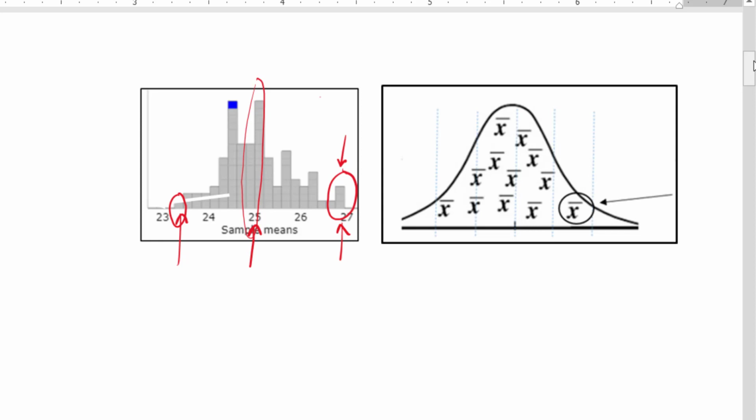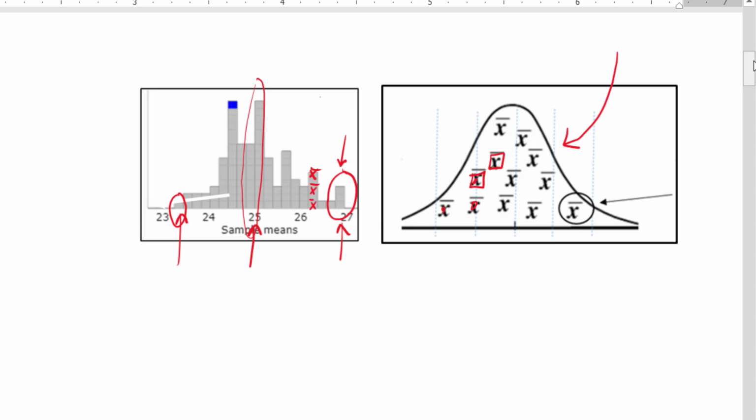So again, notice that these little squares represent sample statistics. They represent sample means x-bar. So a more general theoretical way to draw that distribution would be like this, that each of those dots are little x-bars. Each of those little squares are little x-bars. So each of these squares is an x-bar.